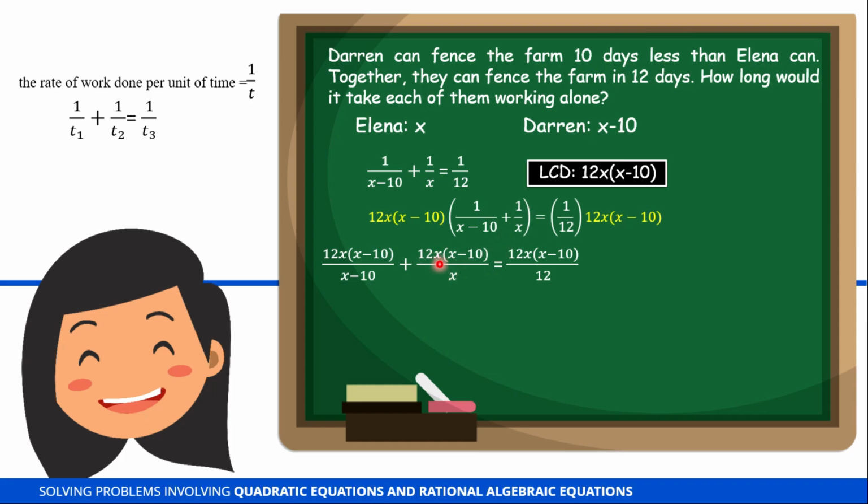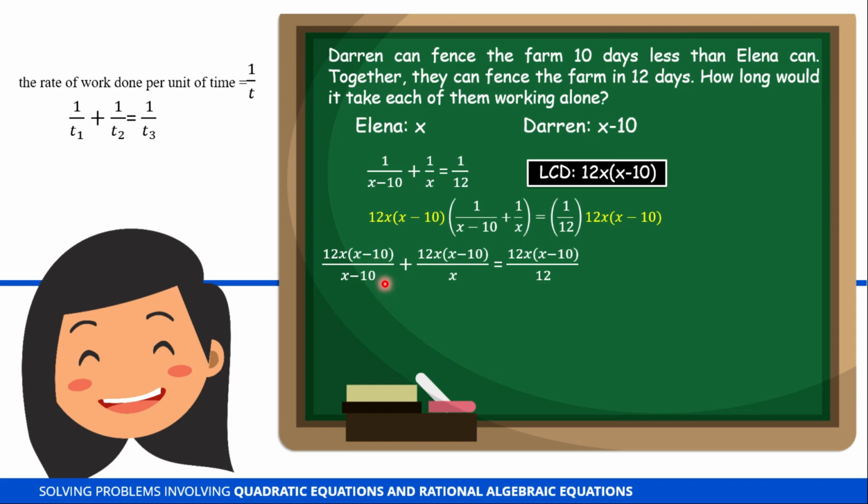So, ito yung ating magiging second expression. Sa kabilang side of the equation, we have 12x times quantity x minus 10 times 1. So, ito yung ating magiging product all over 12. Kokopyahin lang natin yung kanyang denominator. Now, wag muna natin i-multiply yung ating mga nasa numerator para makita natin yung ating ma-eliminate.